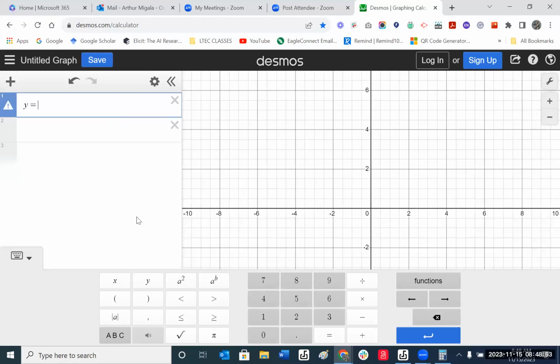So we'll have division. So on top will be log of x and log of a.